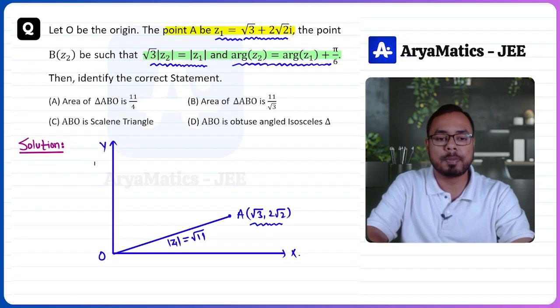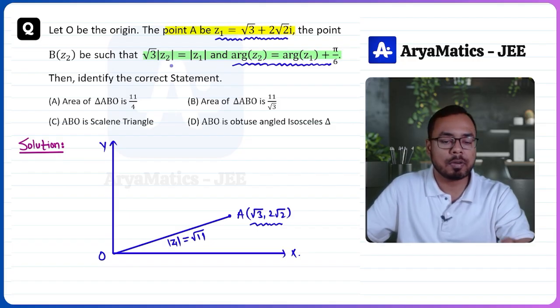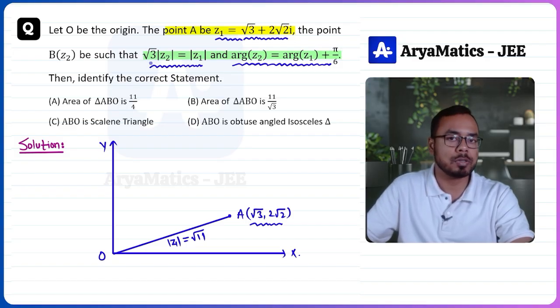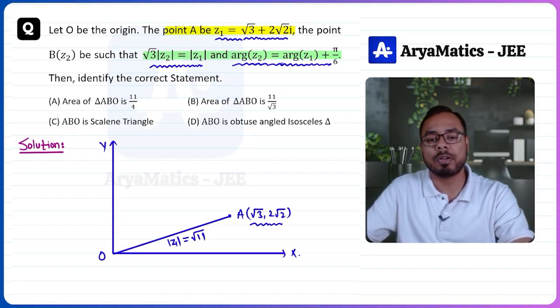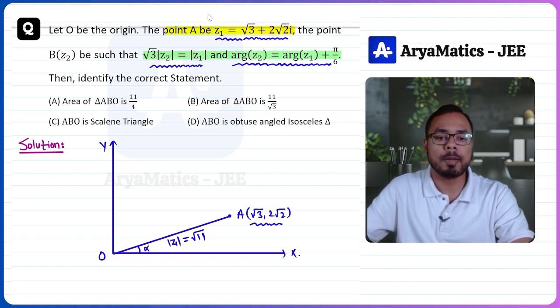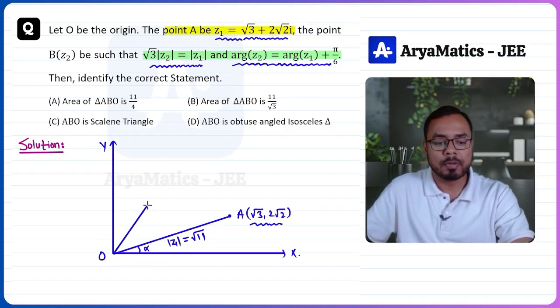Now Z2 is represented by point B and the relation is that modulus of Z2 will be modulus of Z1 divided by root 3. So the distance of point B from origin will be root 11 by root 3. And also argument of Z2 is argument of Z1 plus pi by 6. So if this is argument of Z1, let us call this angle some angle alpha. Then the angle made by the line OB, point B representing Z2, with the x-axis will be alpha plus pi by 6.